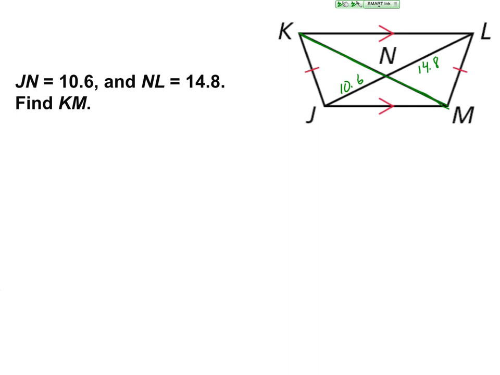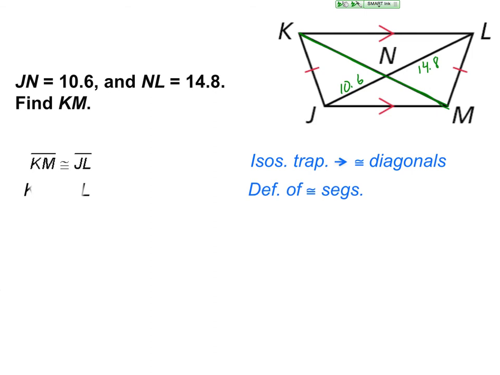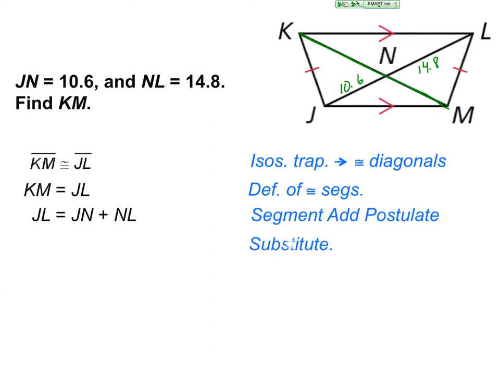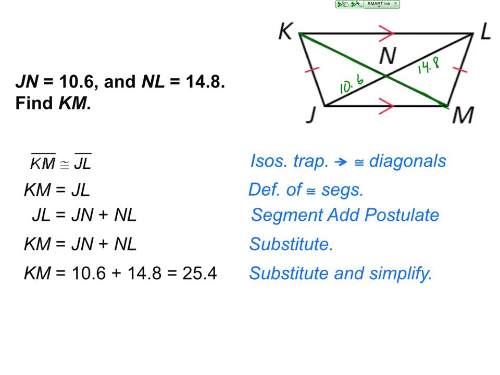What does it say about diagonals? They're congruent. So how long is JL? You add those together, 25.4. So KM would be 25.4 also, the very same length. So it's not bisected, but they are the same total length.